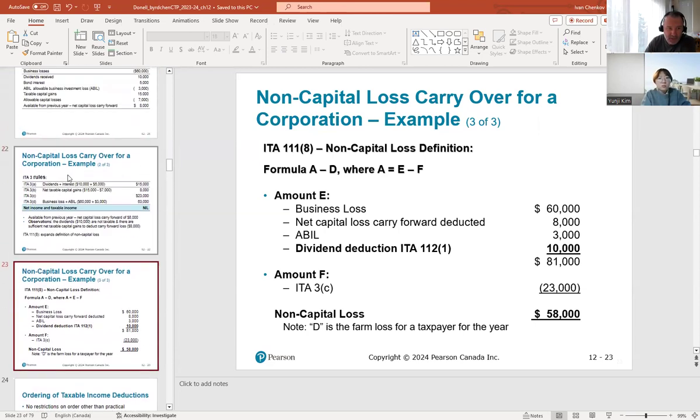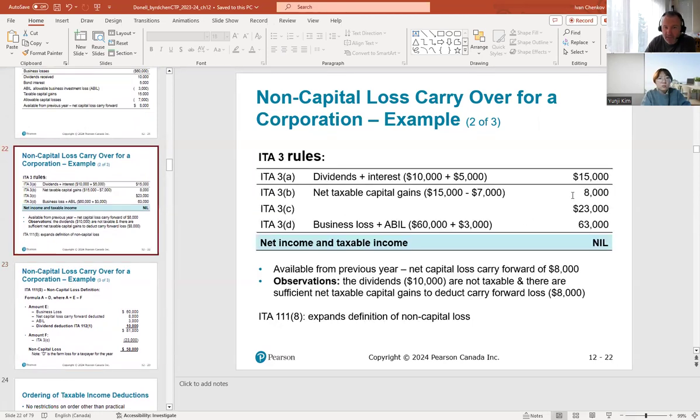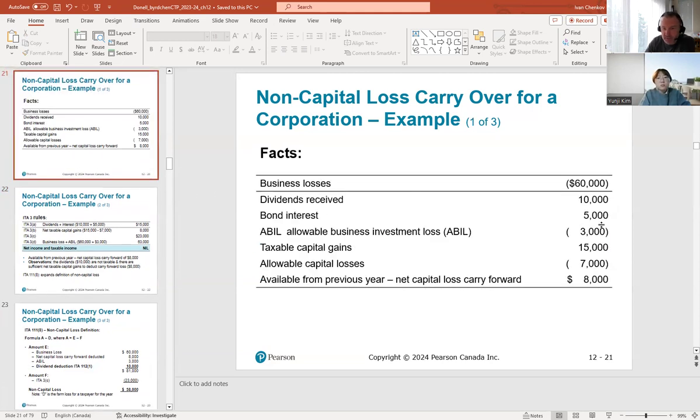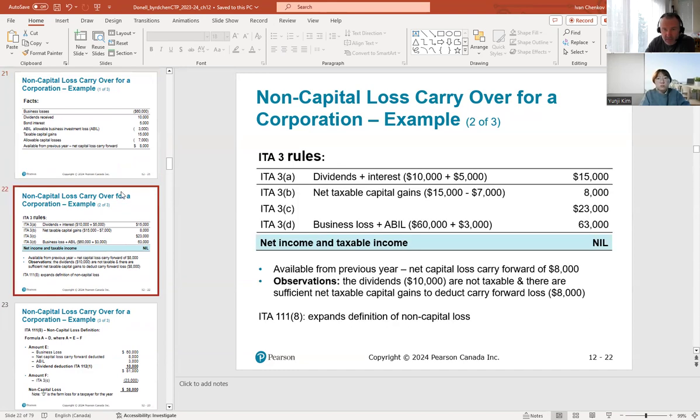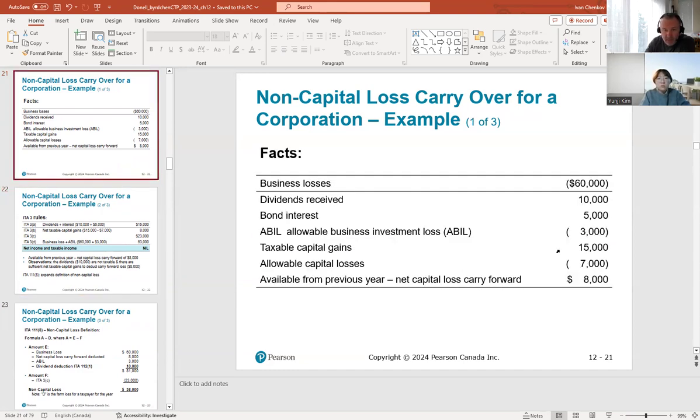For that reason, we're deducting here the net capital loss. We're getting the net capital loss, which is on the taxable capital gain and allowable capital losses, right? Now we're going to have available, that net taxable gain is 5. Allowable capital losses is 7.